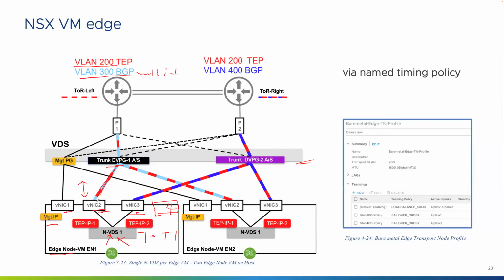So from this interface's point of view, two VLANs, or two types of traffic, are traversing. For VNIC 3, we have another VLAN 400 and also VLAN 200.